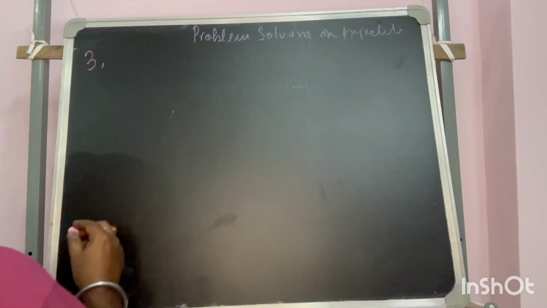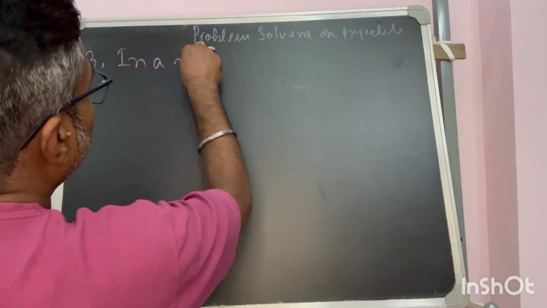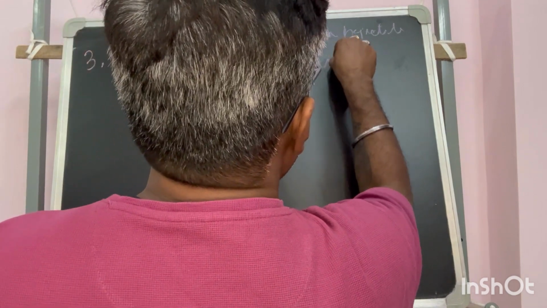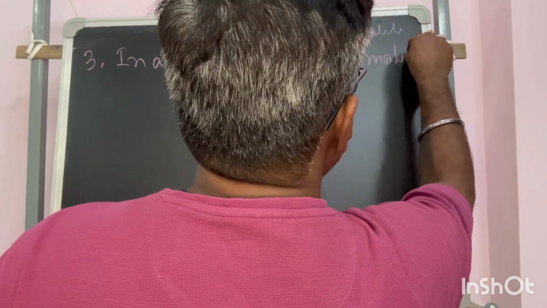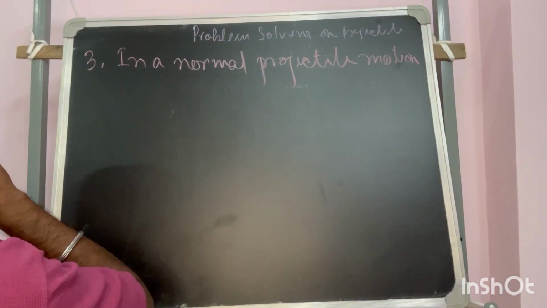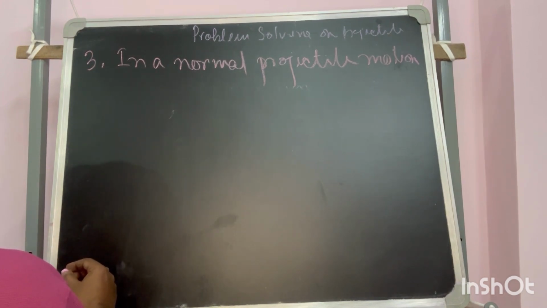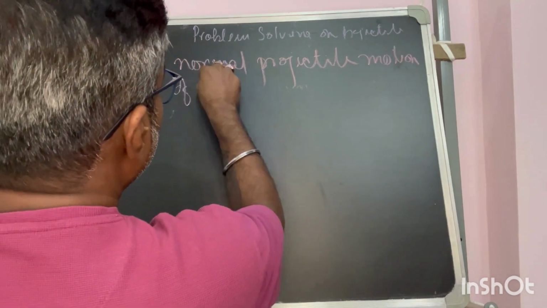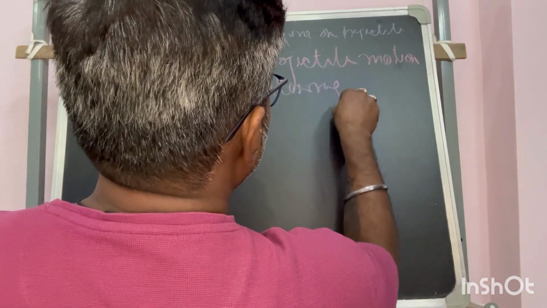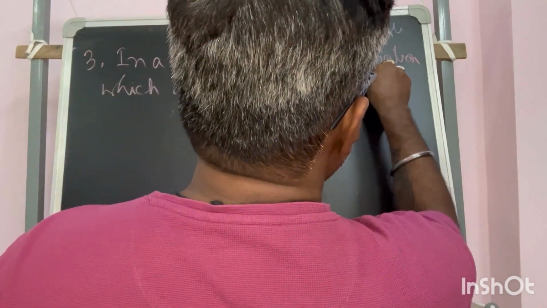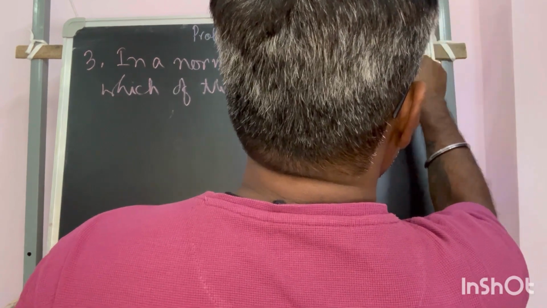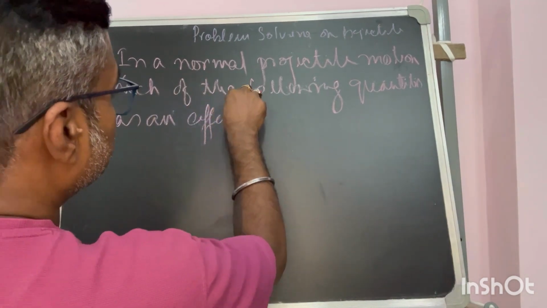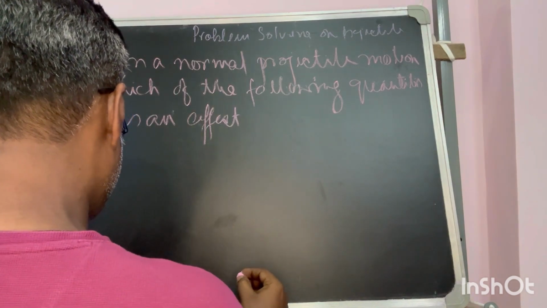Problem 3 says, in a normal projectile motion, which of the following quantities has an effect in calculating the body mass?